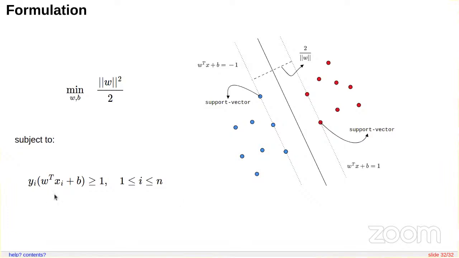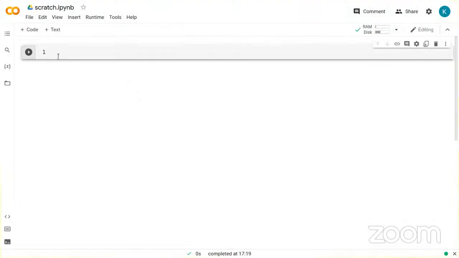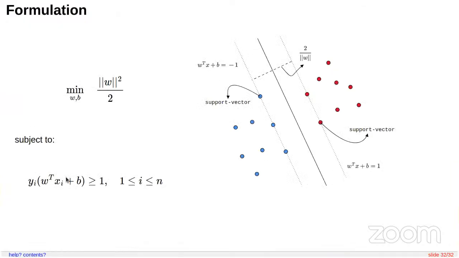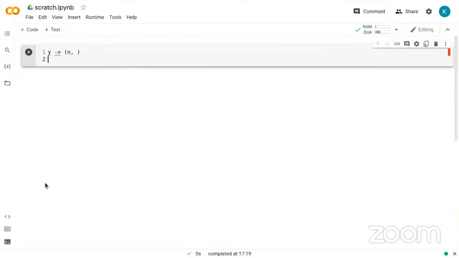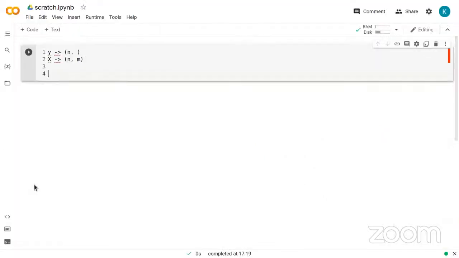If you want to express this in Numpy, what you would do is something like this. If the labels are y, and y is a vector of size n, and x is of size n cross m, then I would express the constraint as y times... can someone tell me how I would express the constraint?